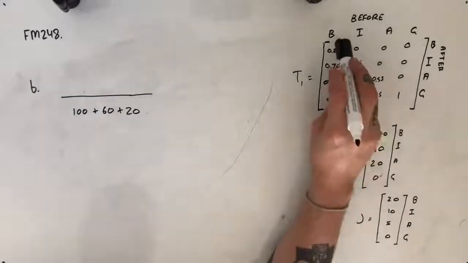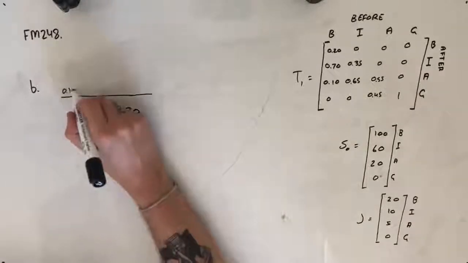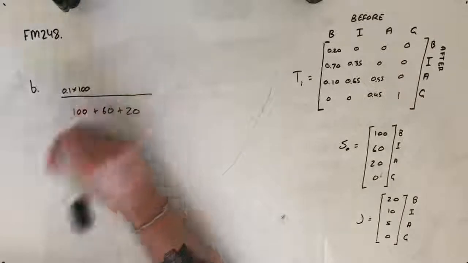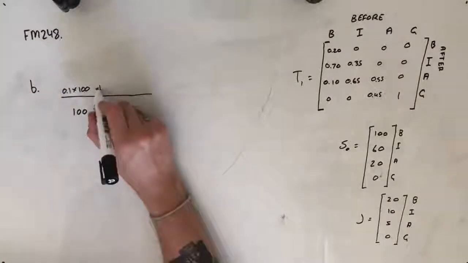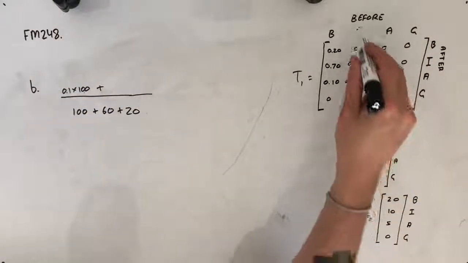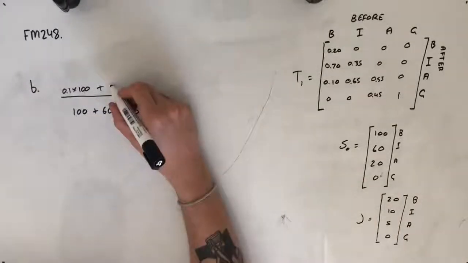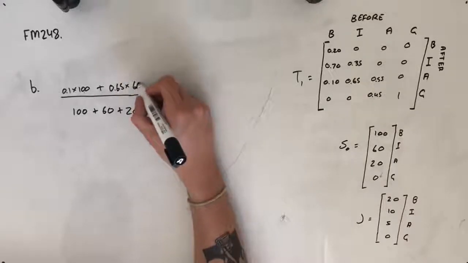So looking at this, we can see that we are expecting 10% of our beginners to move into the advanced. So 0.1 times, and the number of beginners we have is 100. So 10% of that 100 should move in. And we should also be expecting 65% of our intermediate students to move to the advanced. So 0.65 times 60.